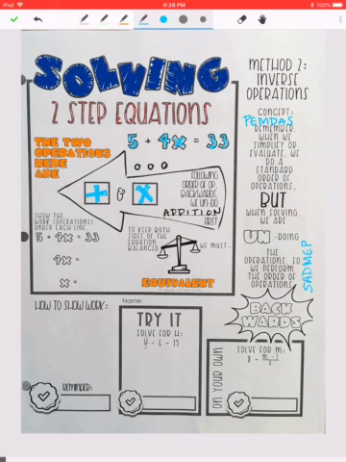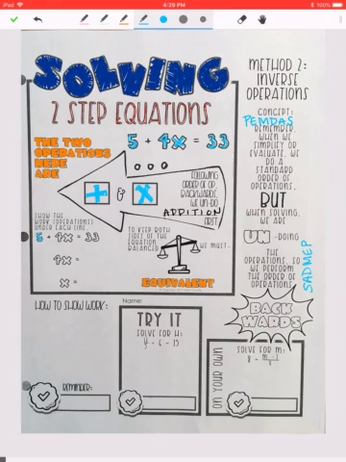Following the order of operations backwards, the SADMEP, we're going to do addition first, and then we would do multiplication. So look to the left, it says show the work and the operations under each line.